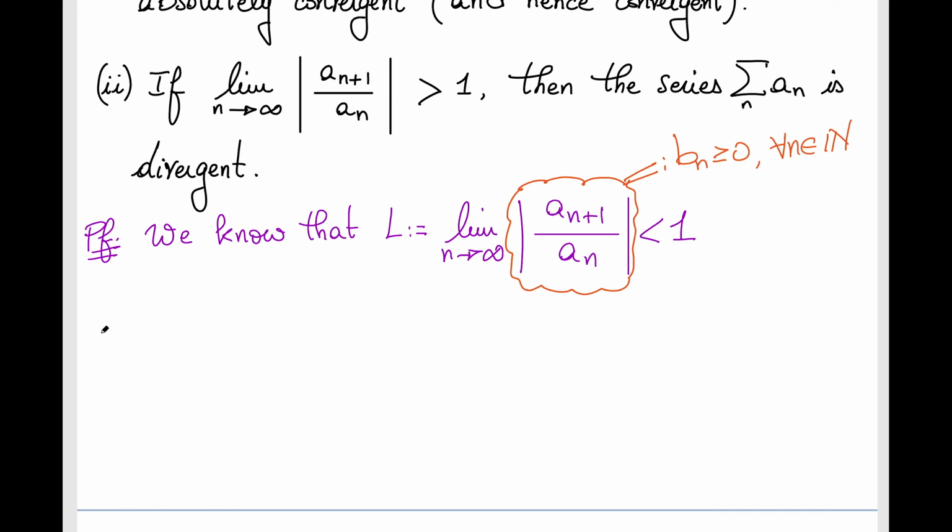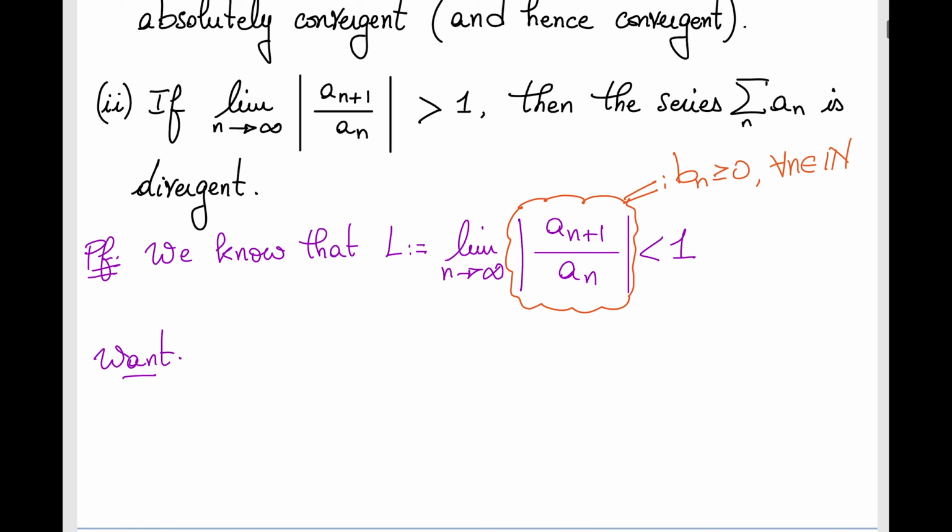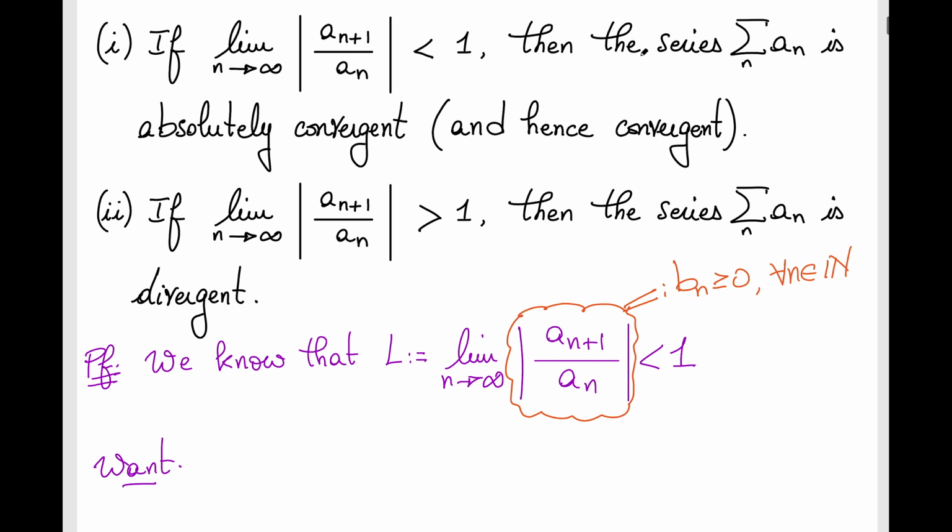Now, what do we want to show? We want to show that the series is absolutely convergent. And what does it take for a series to be absolutely convergent? You need to show that the series whose terms are the absolute value of the terms of that series a_n is convergent.